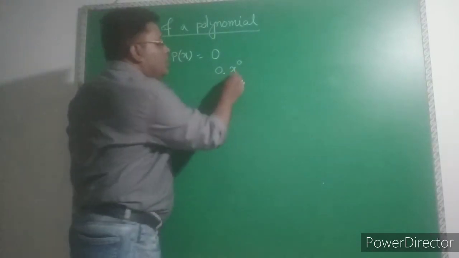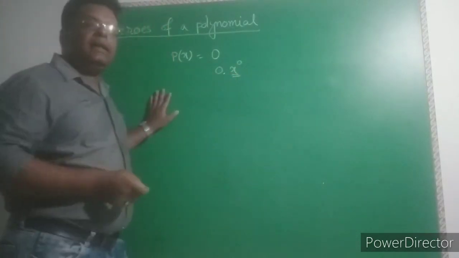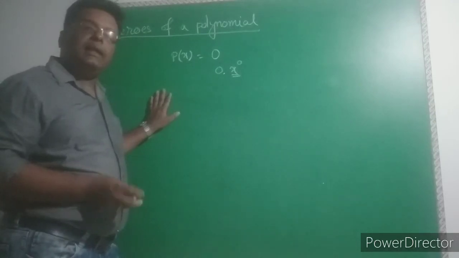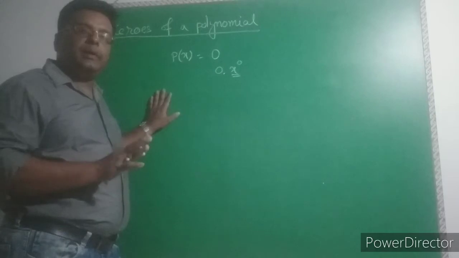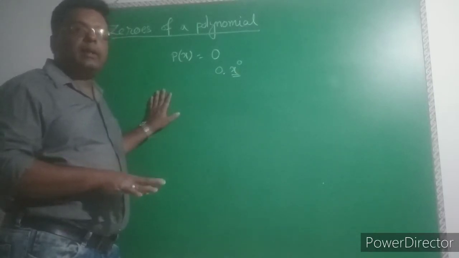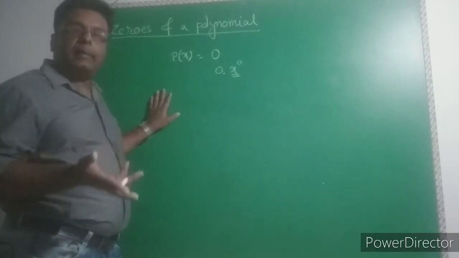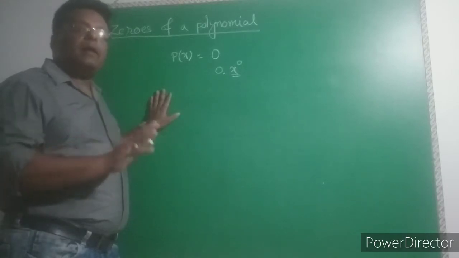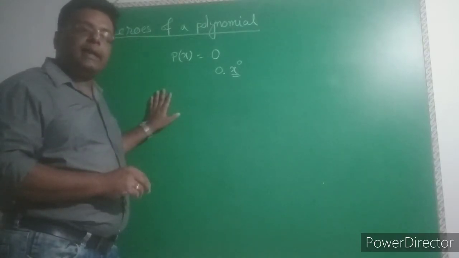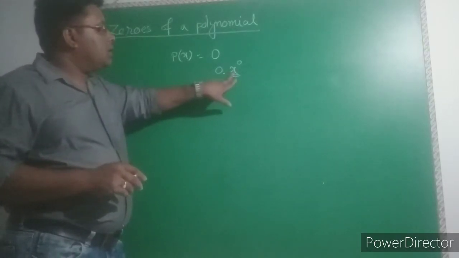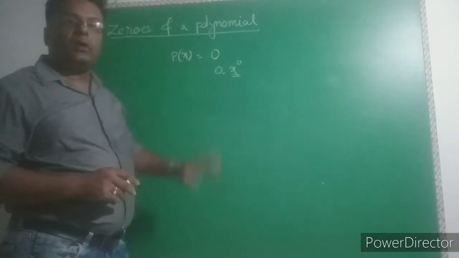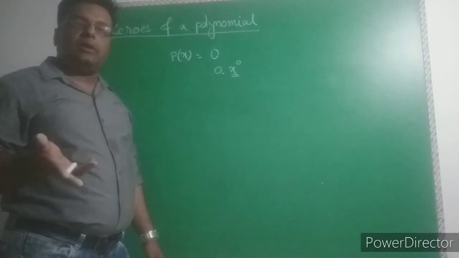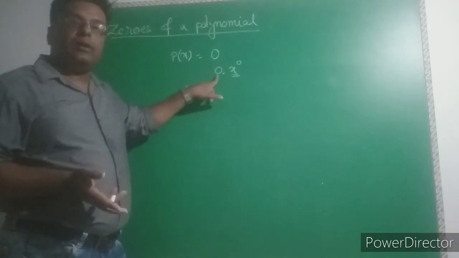That is, if we put x equal to any real number, it may be positive, it may be negative, it may be a root, it may be a finite decimal, an infinite decimal, a terminating decimal, or a non-terminating decimal, that is, any real number, then this to the power 0 is always 1, anything to the power 0 equals 1, and into 0 is always 0.